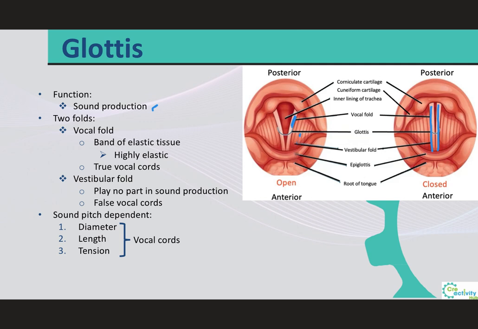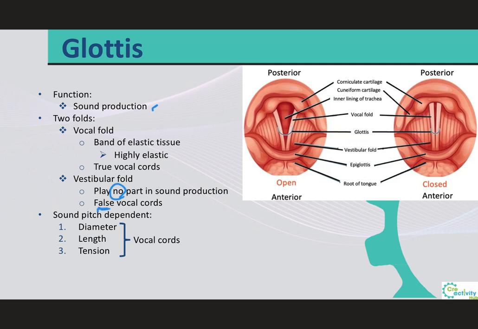And these vocal folds are the ones that will vibrate and produce the sound. And this is why they're known as true vocal cords. And because the vestibular fold plays no part in sound production, they're called the false vocal cords.